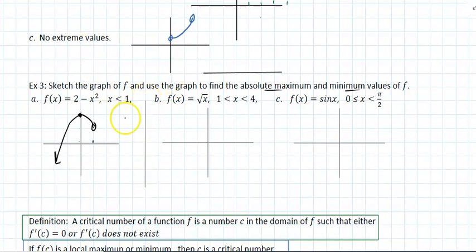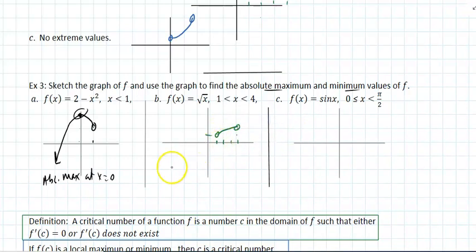We have an absolute max at x equals 0. And how about this graph? Well, this is a radical. At 1, I am at 1. And at 4, I am at 2. How about here? Well, this graph has neither.